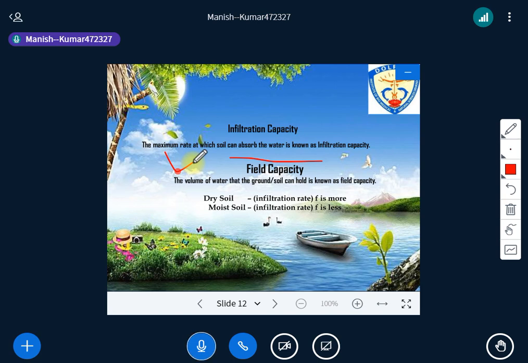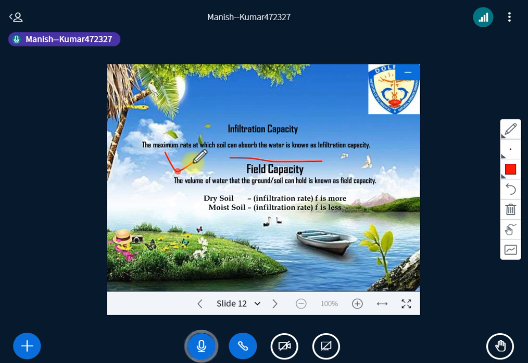If it is dry soil, obviously the infiltration rate will be more, because dry soil has enough space to accommodate a certain amount of water. If it's moist soil, it means the soil already has a certain amount of water, so whatever space is left needs to be filled by the infiltration process. So for moist soil the infiltration rate will be less, and for dry soil it will be more.